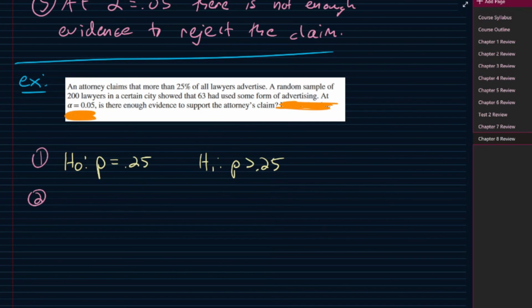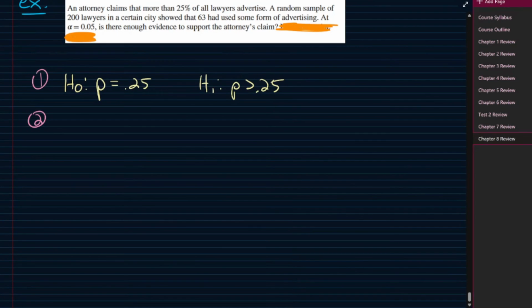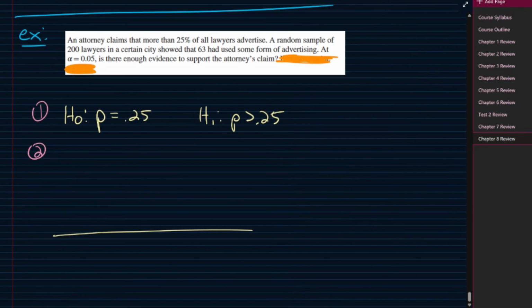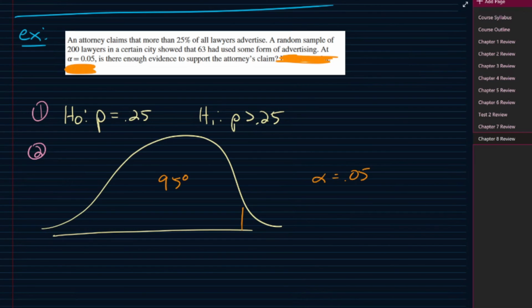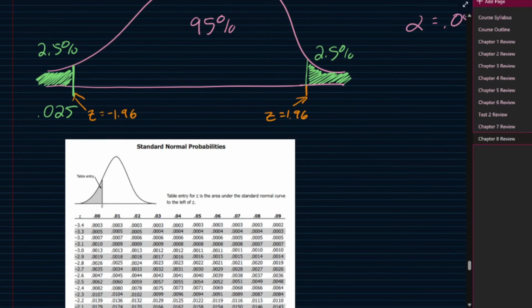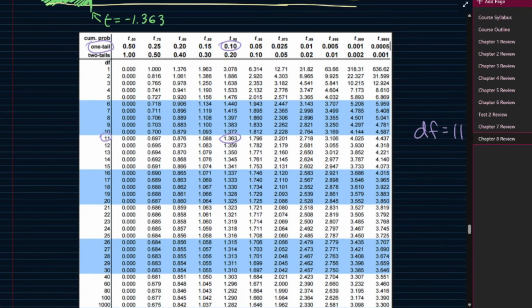So our critical value in this case, it's going to be a one-tailed test. Our alpha is 0.05. So we want this to be 95% and this to be 5% of the data. I guess we can look up the right z table. And we're going to look for the area closest to 0.95.